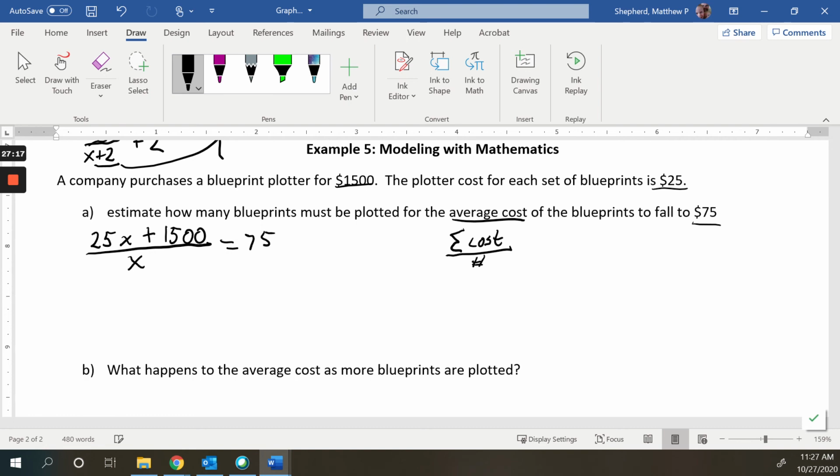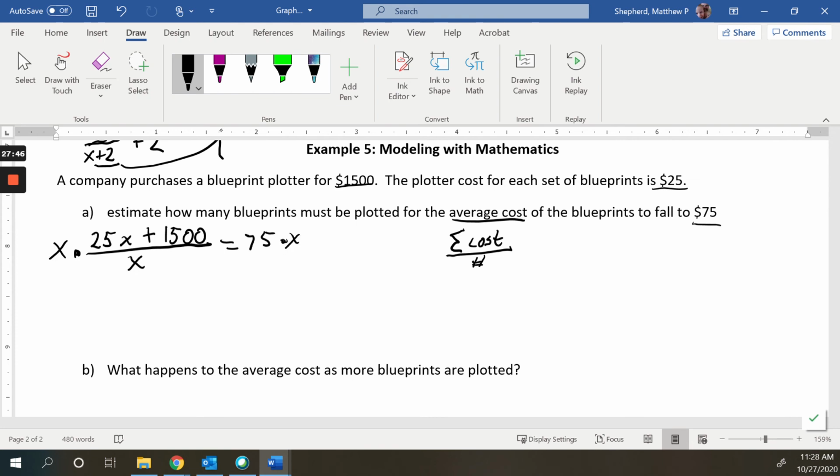Okay, now right here, we are starting to see a function. We even have our A, B, C, and D would be 0. But let's not worry too much about that right now. Right now I want to know, what does X need to be for the average to be 75? So I'm actually going to be solving for this.